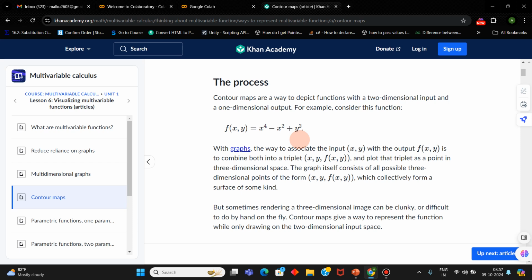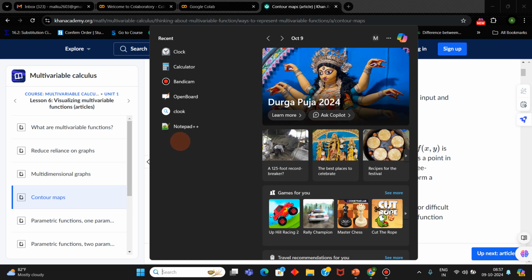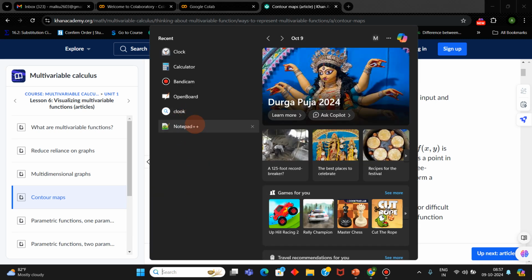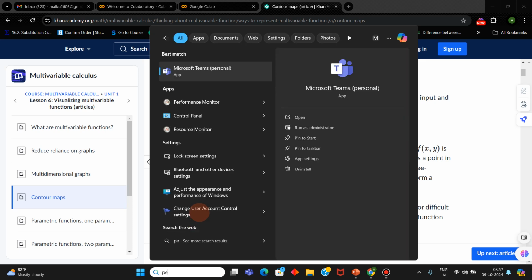That is, using the x and y input on the paper, we are going to plot the x value and the y value both on the same sheet, and the output will be represented as the curve. We're going to look into it, but first I open my Epic Pen.